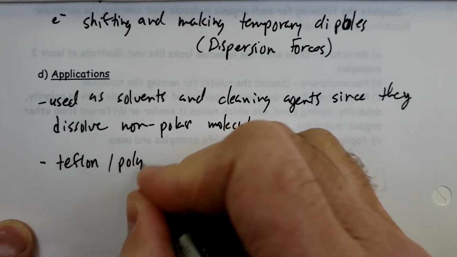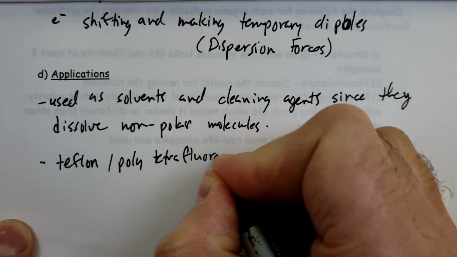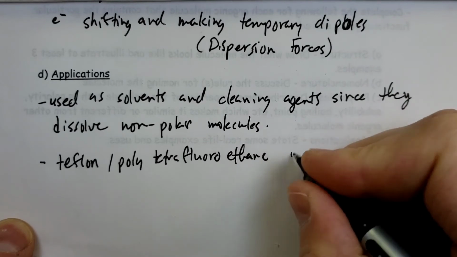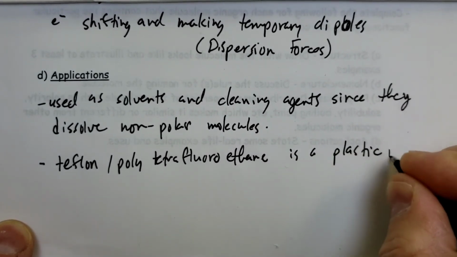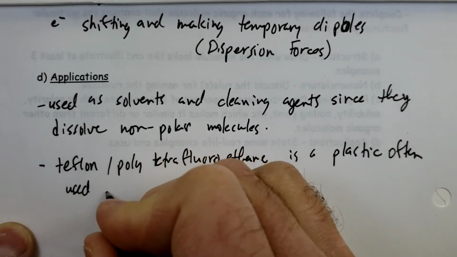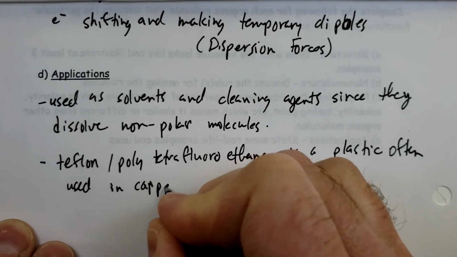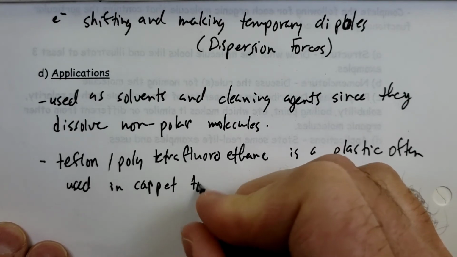Another example, Teflon, which is polytetrafluoroethane. Say that quickly 5 times. Is a plastic often used in carpet. So newer carpets that you buy are made of this, and they tend to repel liquids.